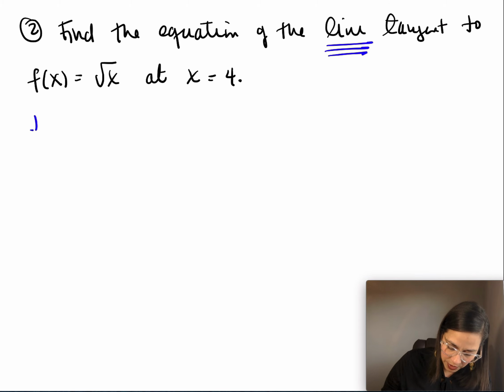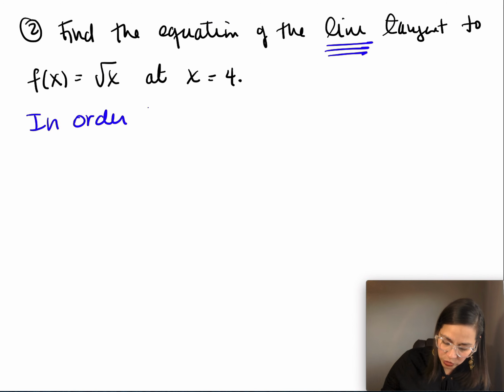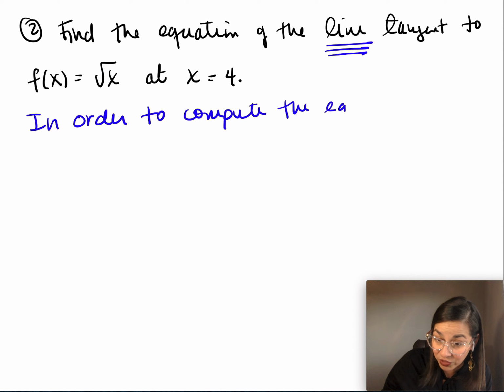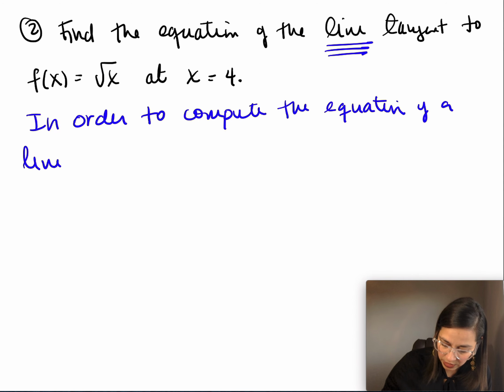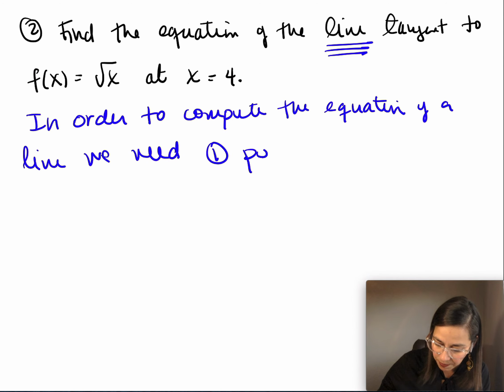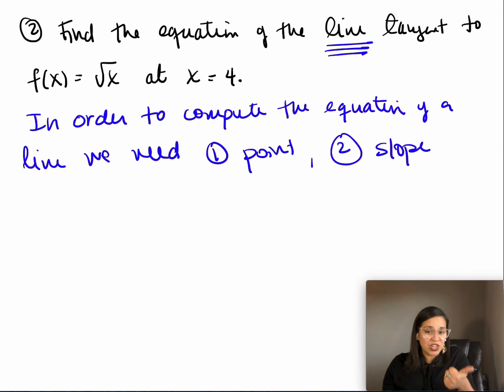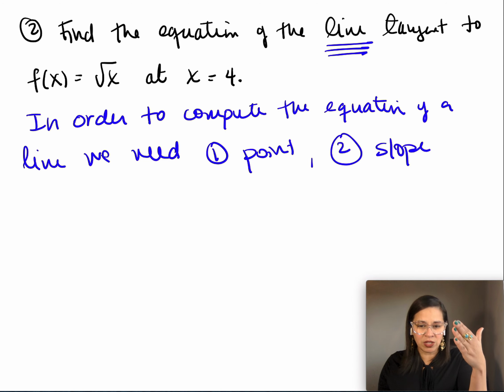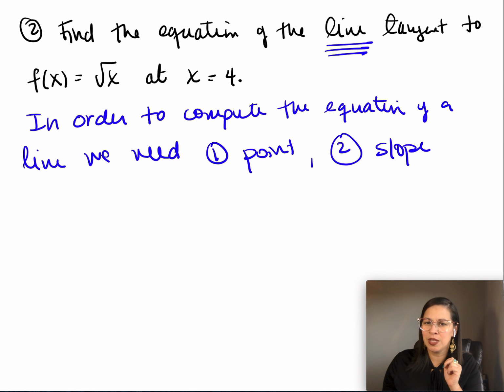So I'm just going to write it down. In order to compute the equation of a line, what do we need? 1, a point. 2, the slope of the line, right? So I can either give you the point and the slope, and then you can write the equation, or I can give you 2 points.